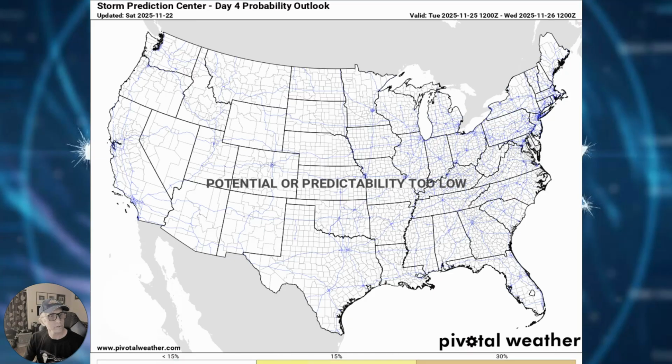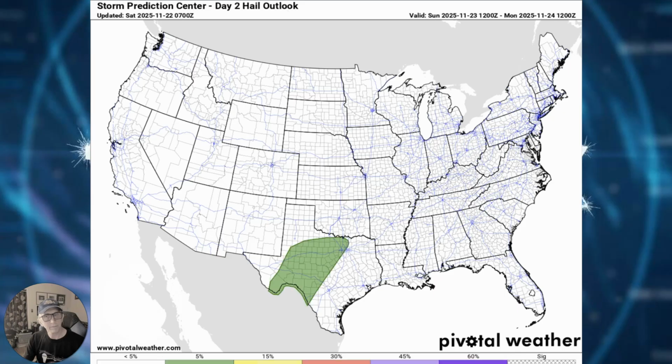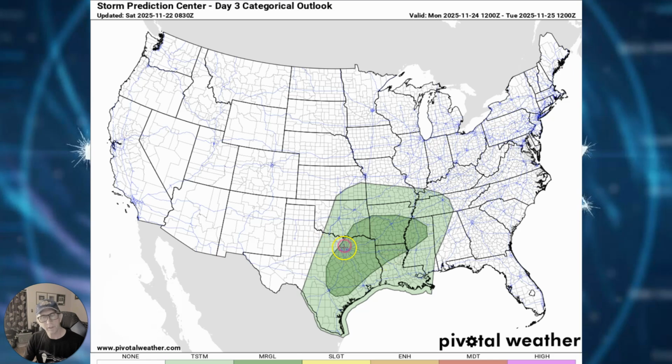Whoa, I don't know what I just did there. Sorry. Mostly driven by hail risk and wind risk. Okay. Day 3, that's where day 3 risk is. Probably going to have a hail risk and wind risk at least, and maybe a tornado risk as well. We'll talk about that tomorrow.